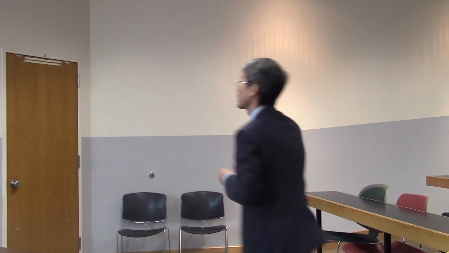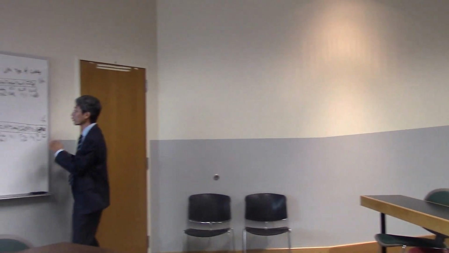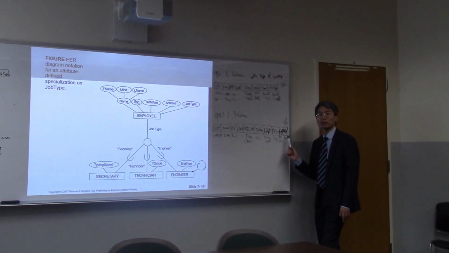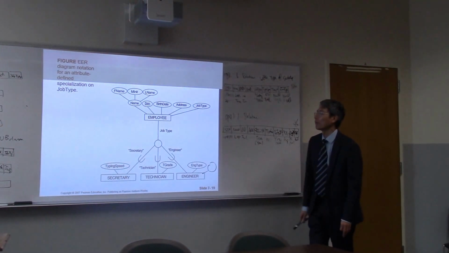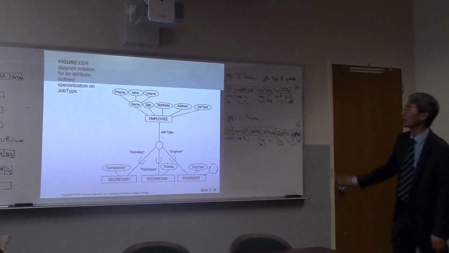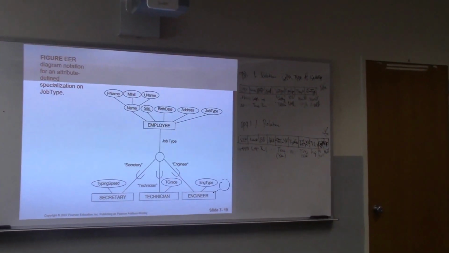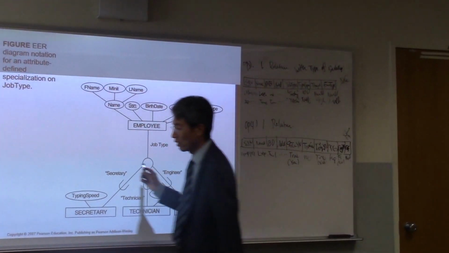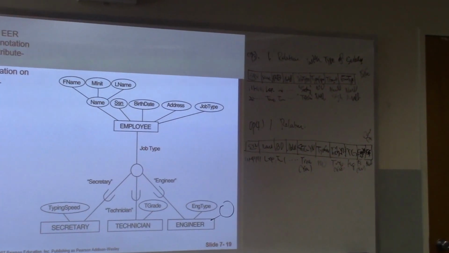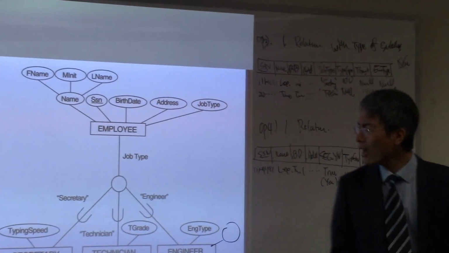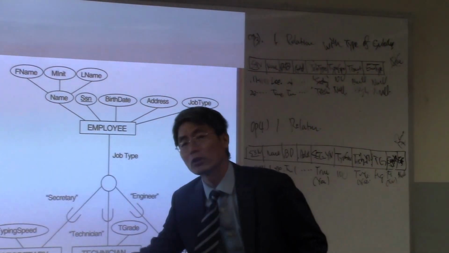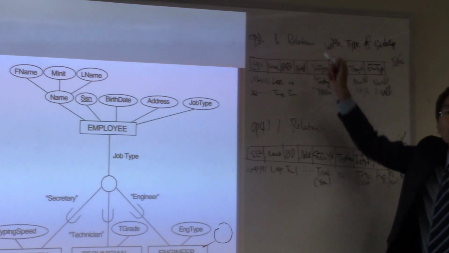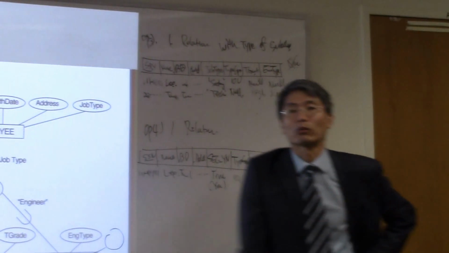So this one is okay to represent the overlap, but you need to think about how much space and performance it costs. So there are 4 options to select from, depending on the situation. For example, if your application accesses mostly through the employee, not very specialized for the secretary, technician, and engineer, then option 3 or 4 is better than that one.